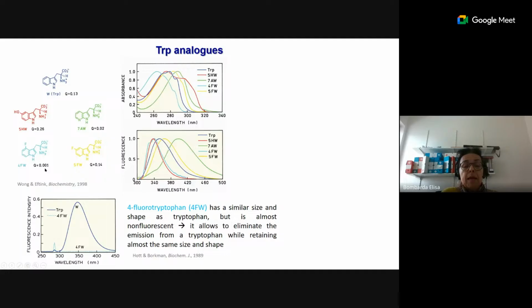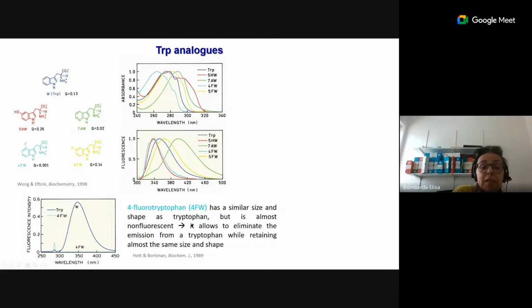One would say, okay, what can that be useful for? I want a signal. It is very similar, actually maybe the closest to the natural tryptophan, compared to the others. And it can be useful to have a non-fluorescent probe, or non-fluorescent tryptophan analog, because of course if it is not fluorescent it is maybe not very useful as a probe, but it can have another function.